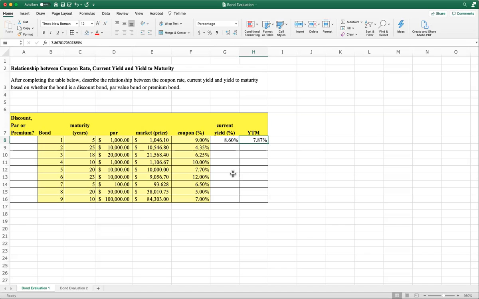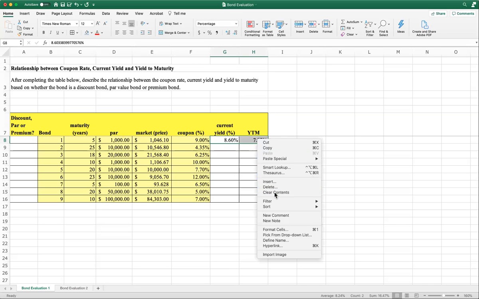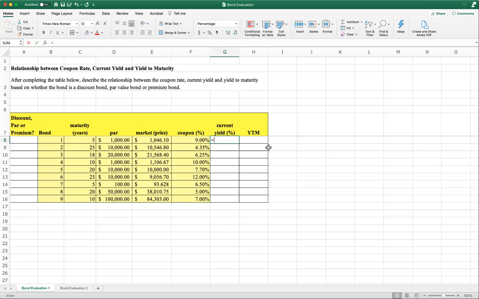All right, so let's calculate that. First of all, let me erase these two numbers. The current yield is going to be the annual coupon, which is the coupon rate multiplied by the par value, divided by the market price. Okay, so that gives you 8.6%.